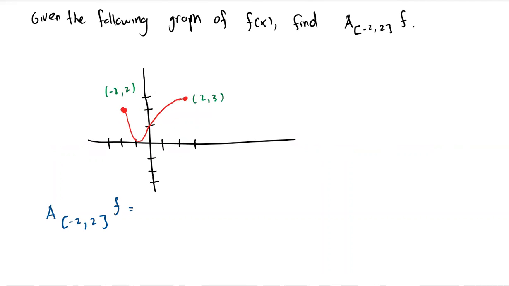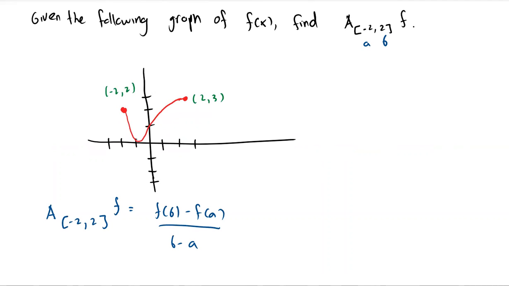It's f of b minus f of a over b minus a. And then we know what a and b are. a is the left endpoint of your interval, in this case -2. b is the right endpoint. So now all we need is to know what f of b and f of a are.